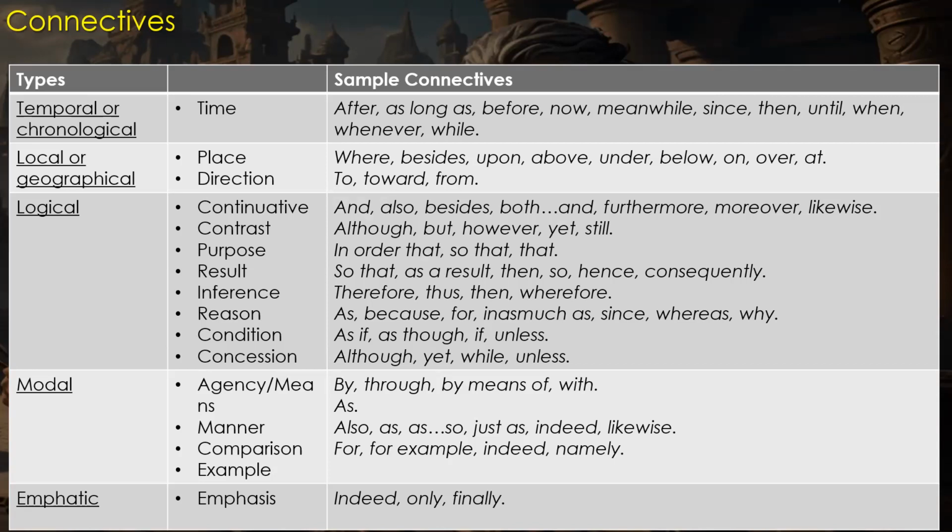They, of course, deal with time. Temporary time, chronological time. When you see things like after, as long as, before, now, meanwhile, since, then, until, when, whenever, while, you can see that it's modifying time in a particular passage.